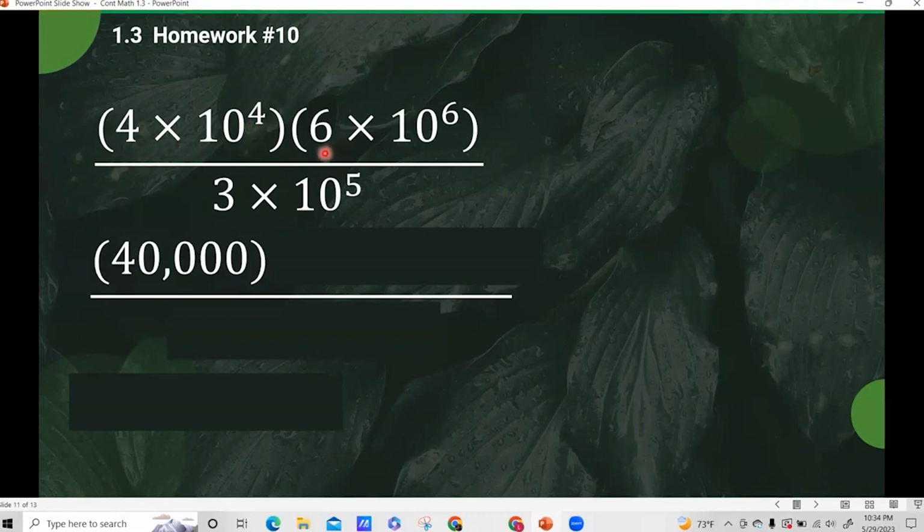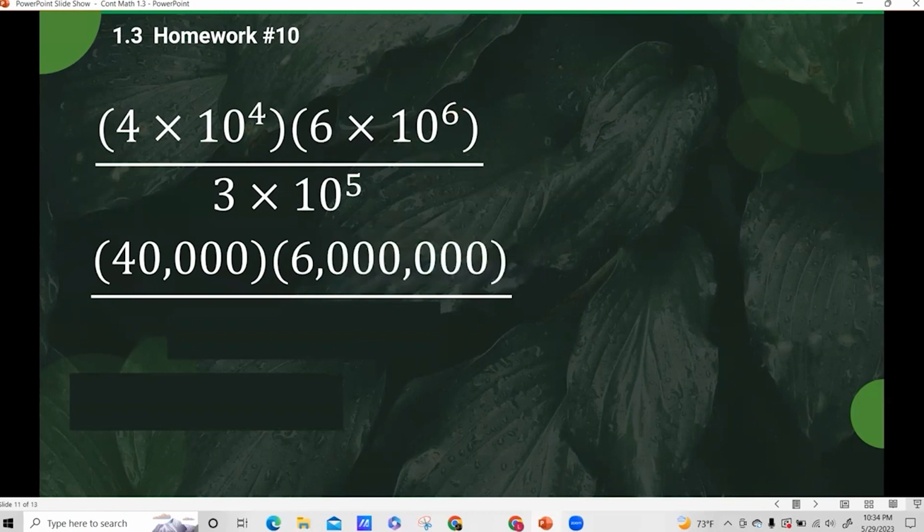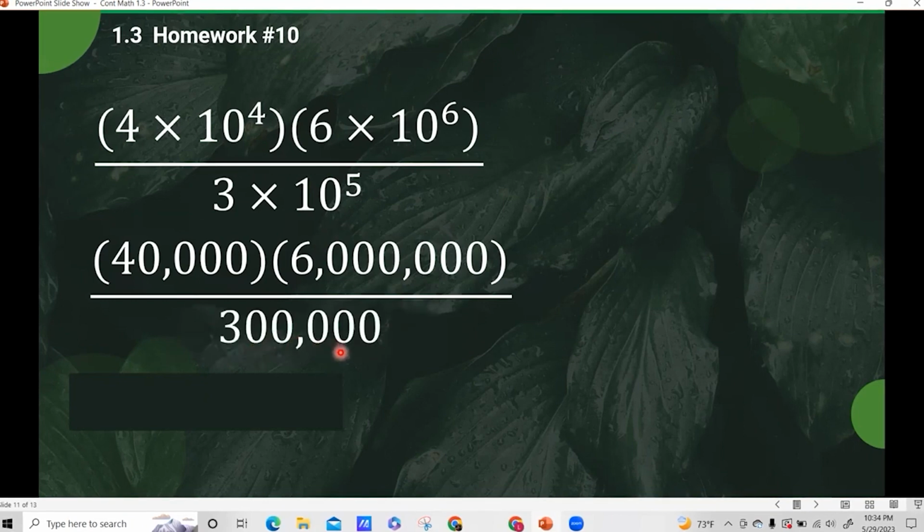And then 6 times 10 to the 6th is 6 with 6 zeros, so that would be 6 million. Okay. And then 3 times 10 to the 5th is 3 with 5 zeros. So you have 300,000. All right.